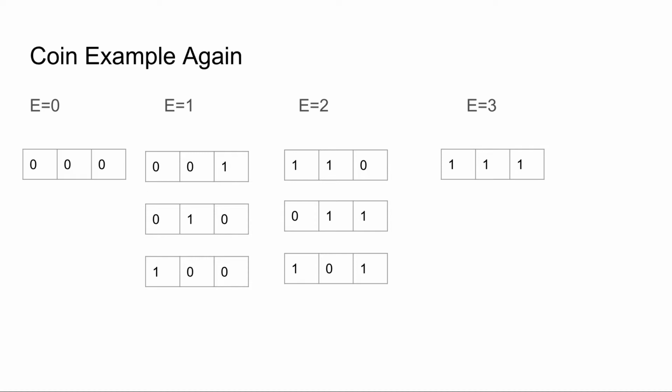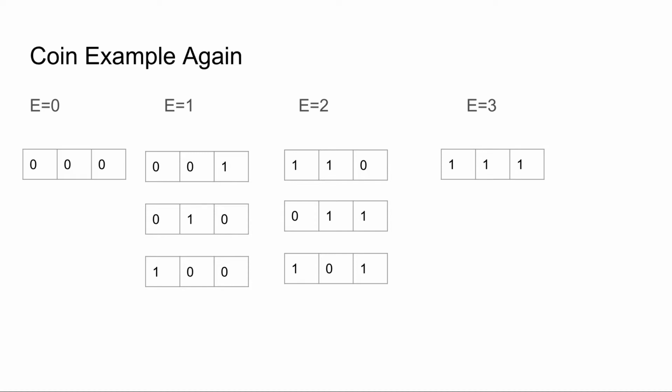Let's say I have a coin example again, and this time I have 3 coins. Over here we have 8 boxes, and each box represents a particular microstate. The energy levels above represent the different macrostates. So in this case, for the E equals 2 column, there are two particles with energy 1, where 1 plus 1 is 2.